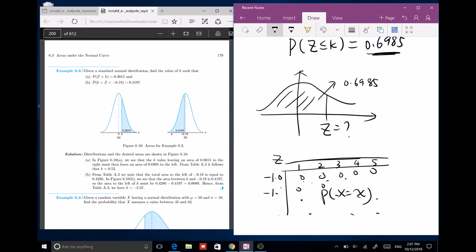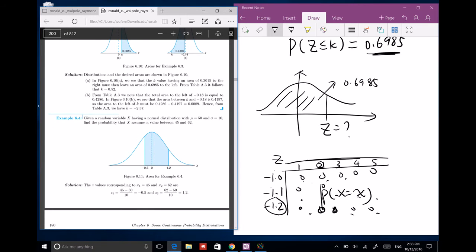So the next one is negative 1.1, negative 1.2, and so on. For each one, it has a probability. It has a value for each z-score. Okay. So previously we gave you a z-score and you found the number. Now we give you a number and you find the corresponding z-score. So that's the example of 6.3.